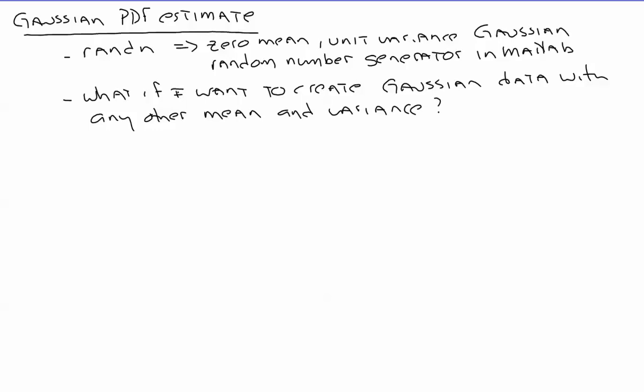We've discussed this a bit before. Let's just remind ourselves what we're doing. I'm going to use MATLAB to generate a bunch of data that's uniform on 0 to 1.